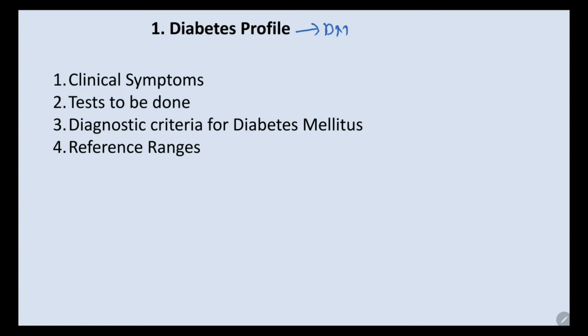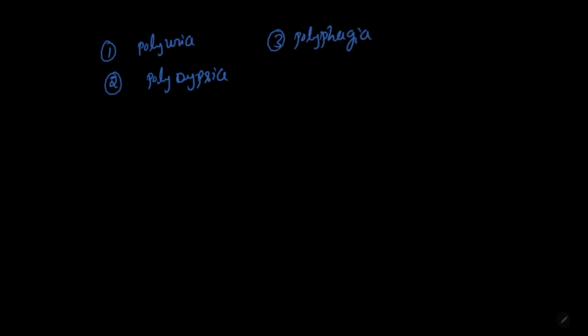Okay, so when do we need to test for the diabetic profile or diabetes mellitus? When the patient has polyuria, polydipsia, polyphagia.